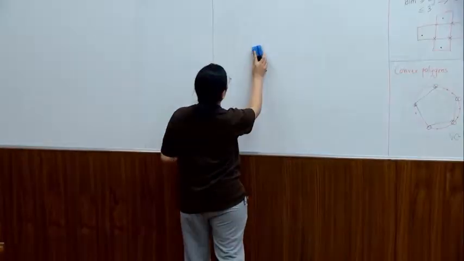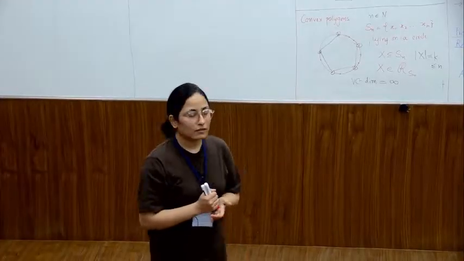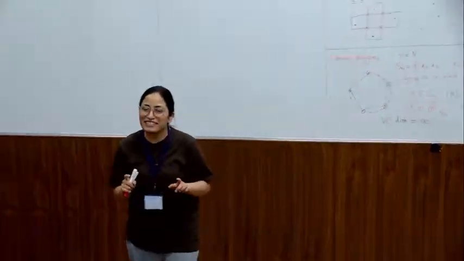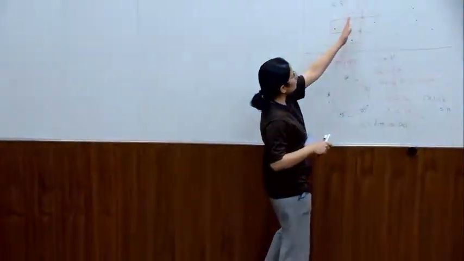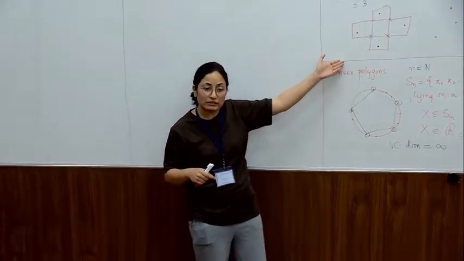VC dimension for half planes. Can you shatter 3 points? Okay. 3, again, general position. Okay. And what about 4 points? Same problem arises. You want to just get these 2 points, but any half plane that contains 2 points will also have to contain the other point.